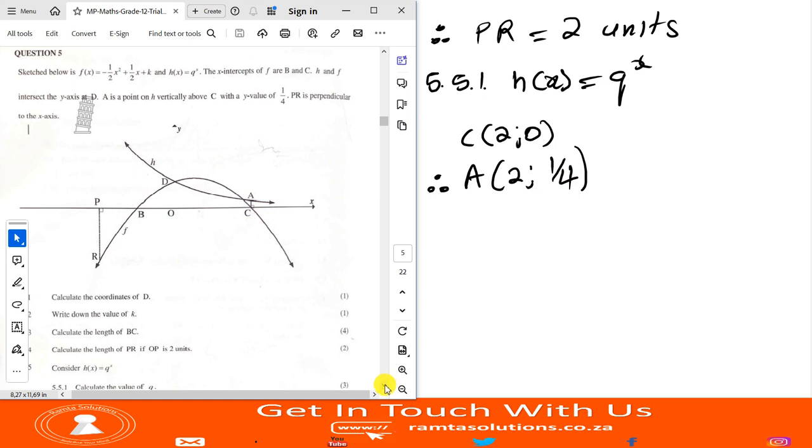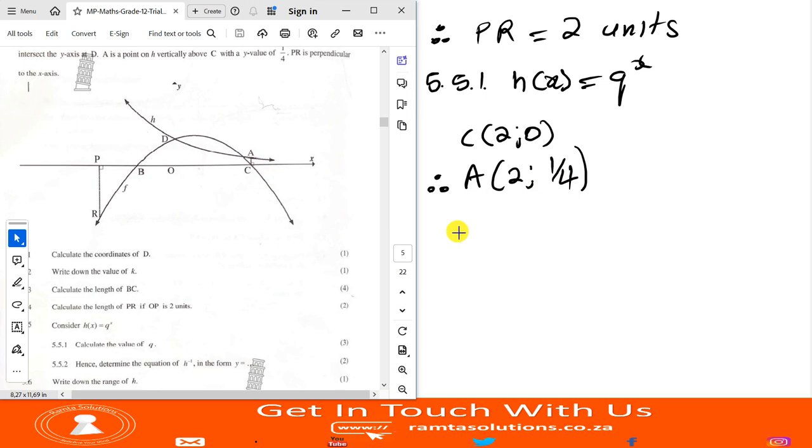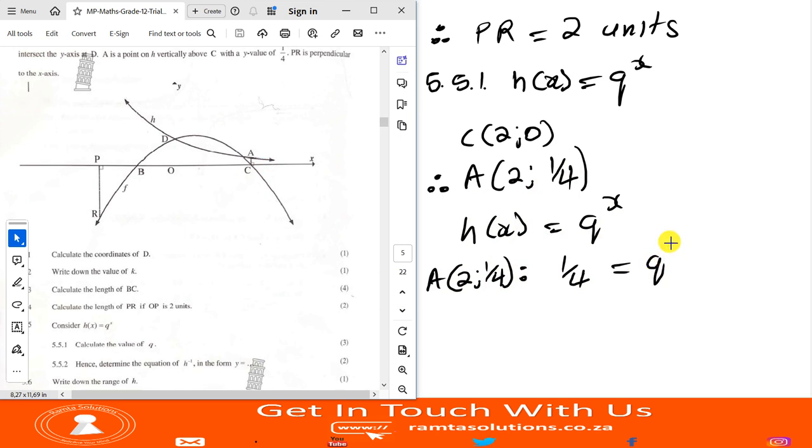So now they say we must find the value of Q. H of x is equal to q to the x. Now we have a point which is 2 and 1/4. Where there's x you put 2, where there's y you put 1/4. So 1/4 equals q to the 2.